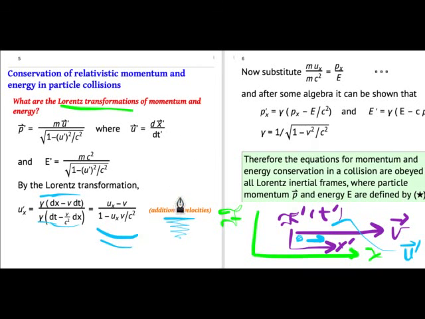Usually we write the formula for addition of velocities for u in terms of u prime, but here I've written it the other way around, for u prime in terms of u. All right, so that's one relation I have, and I'm trying to get everything in terms of the coordinates of F.